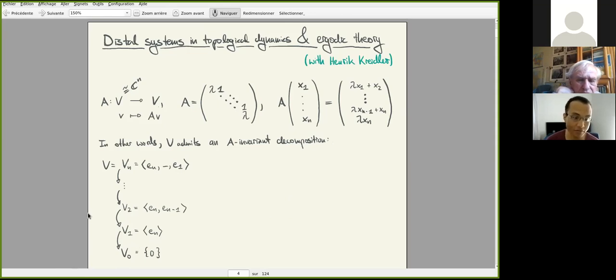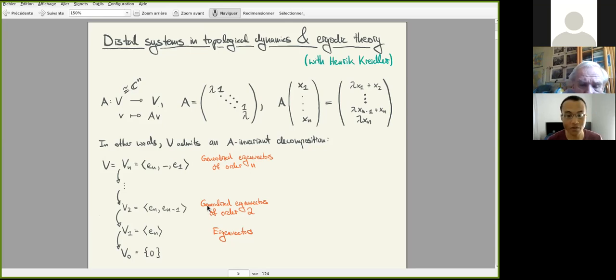And then we take V2, which consists of the last two components, and so on. And all of these subspaces are invariant, and I have canonical projections from one subspace to the next subspace. And as I said, this V1 encodes the eigenvectors, and the higher Vj's encode generalized eigenvectors of order 2 and so on.